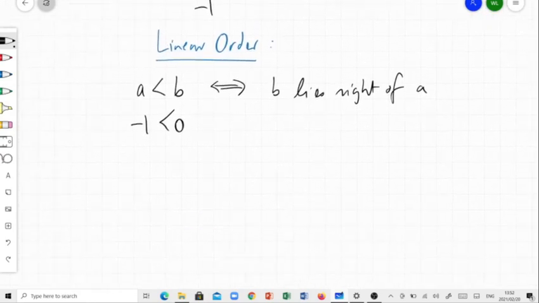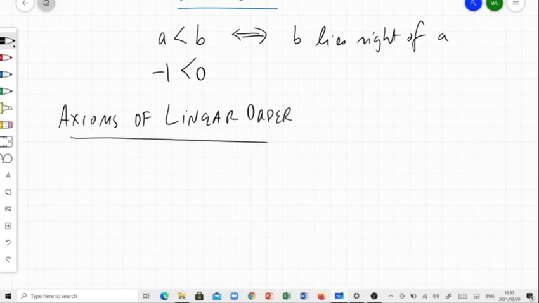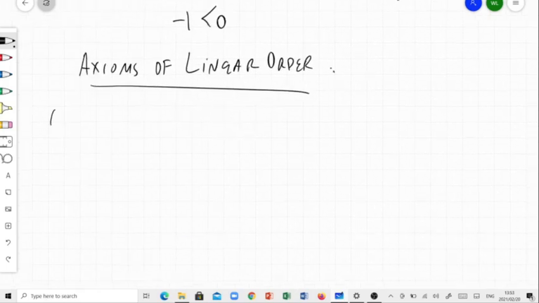Okay, now with this linear order, there are certain rules which we accept without question because they are geometrically obvious, so we call these things axioms. So let's look at what are called the axioms of linear order. The first axiom of linear order is what is called trichotomy.